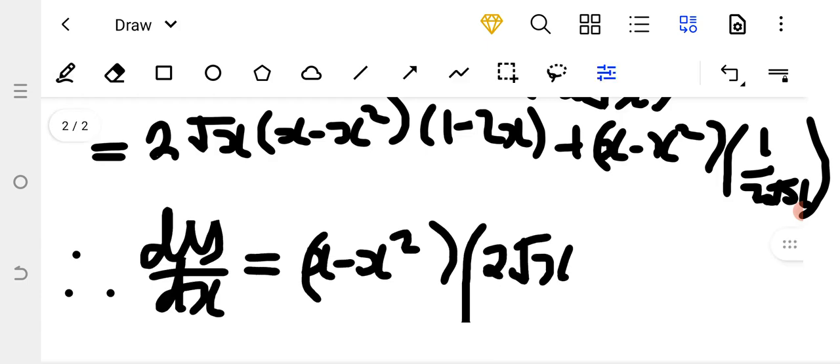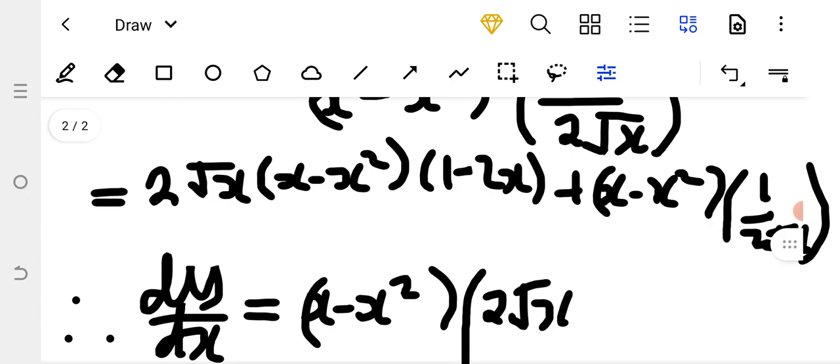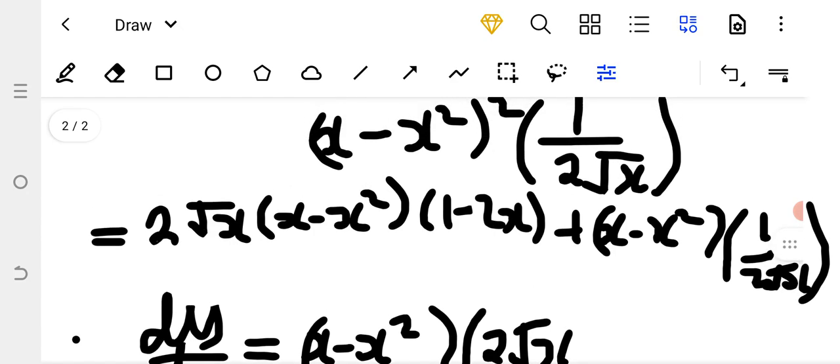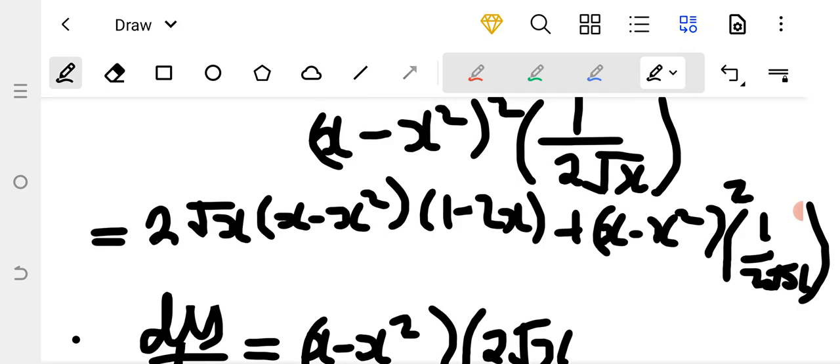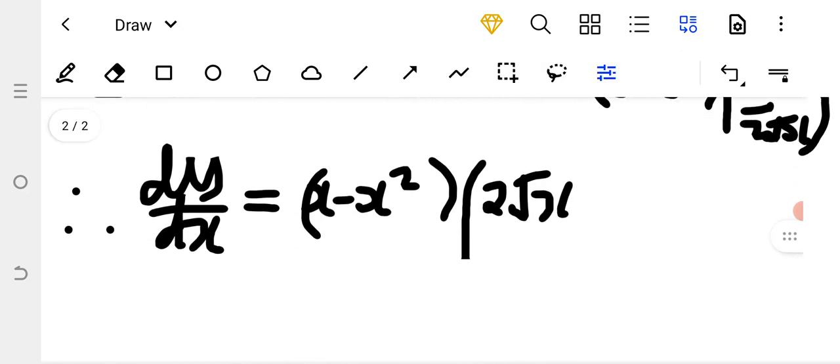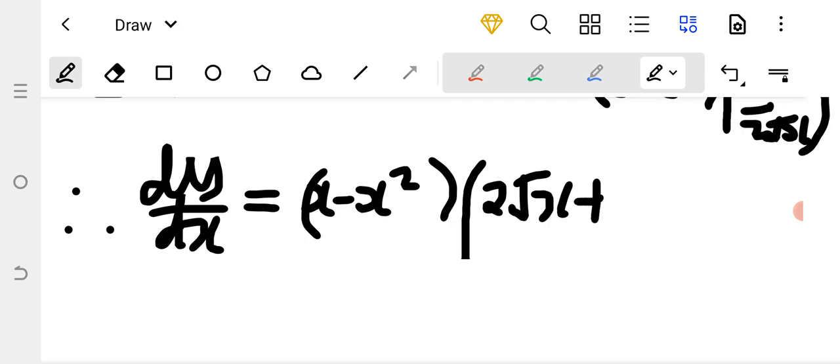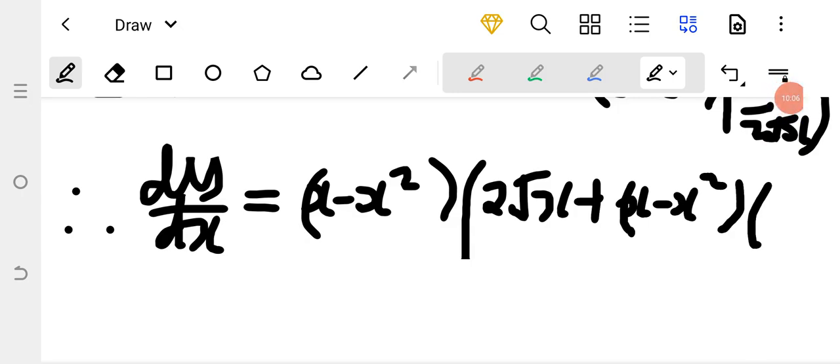And then if we look very closely here, we have x minus x squared. Here is supposed to be a power 2. Okay? So it means we're going to remain with what? We're going to say plus x minus x squared is going to be raised to power 1 multiplied by whatever remained, which was 1 divided by 2 root x, like that.